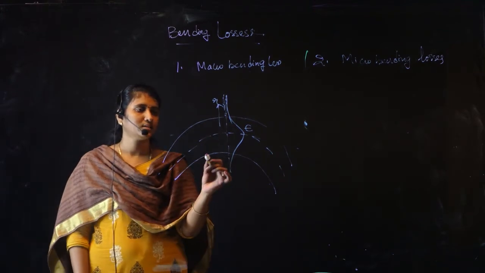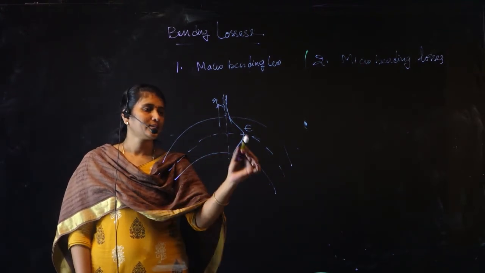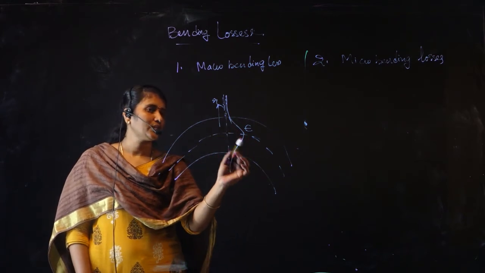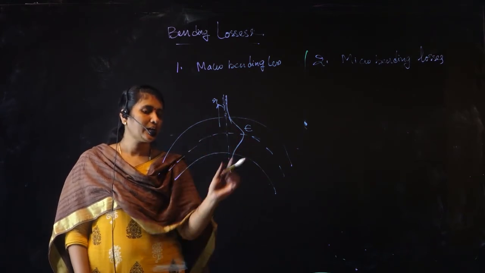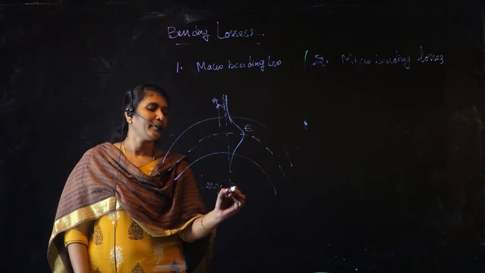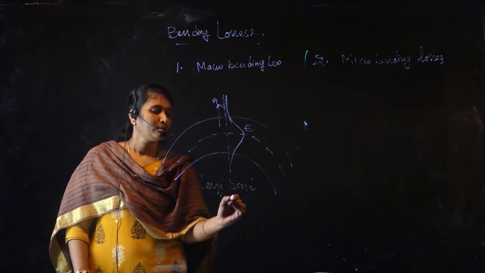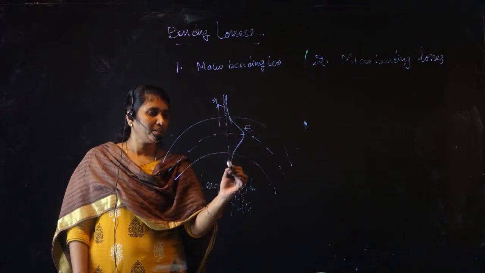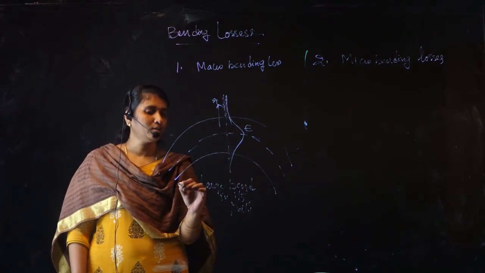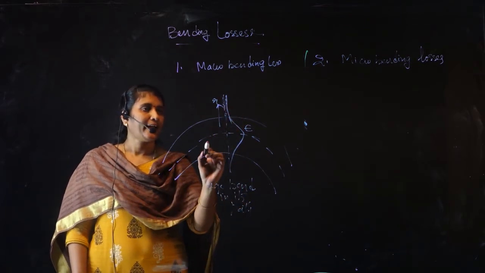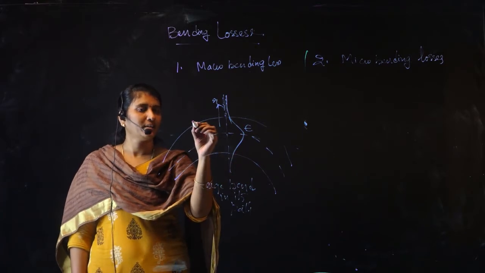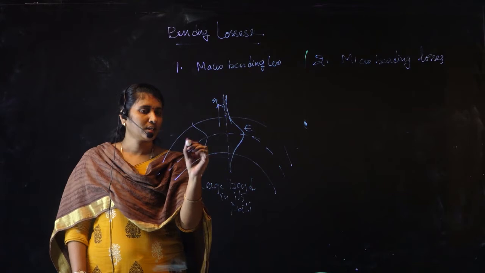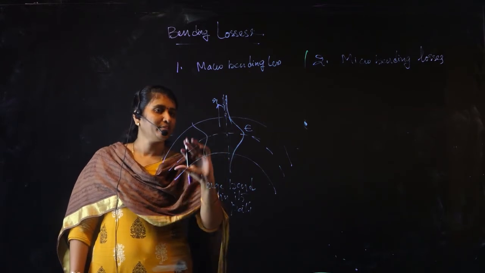How this loss occurs is whenever the electric field of the light that is traveling inside the core region encounters a large bend in its path, then the radiation will slowly escape into the cladding part, and at every point we can see some part of the radiation tends to escape into the cladding part.